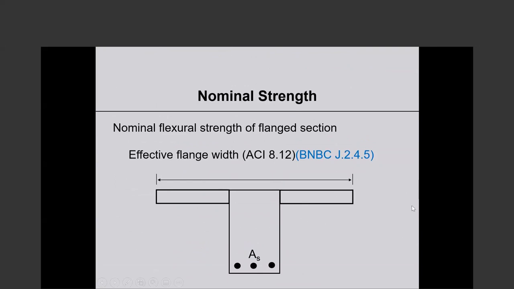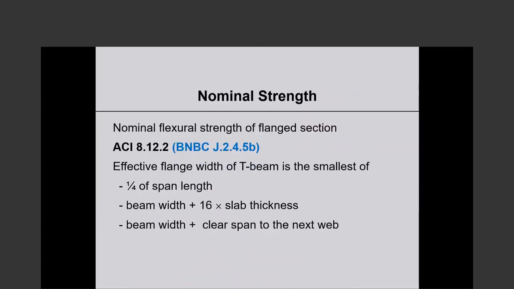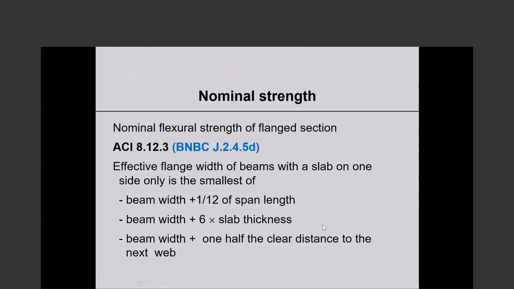So from here to there, to the face of the next beam, let us say we have a distance of 8 meters. So 4 meters will be part of the effective flange on one side. On the other side, if there is also another beam 8 meters away, we get an effective flange that is 4 meters. Okay, the 4 plus 4 add to 8, which is the clear distance to the next cross beam. So beam width plus clear span to the next web. I hope this is totally understandable.